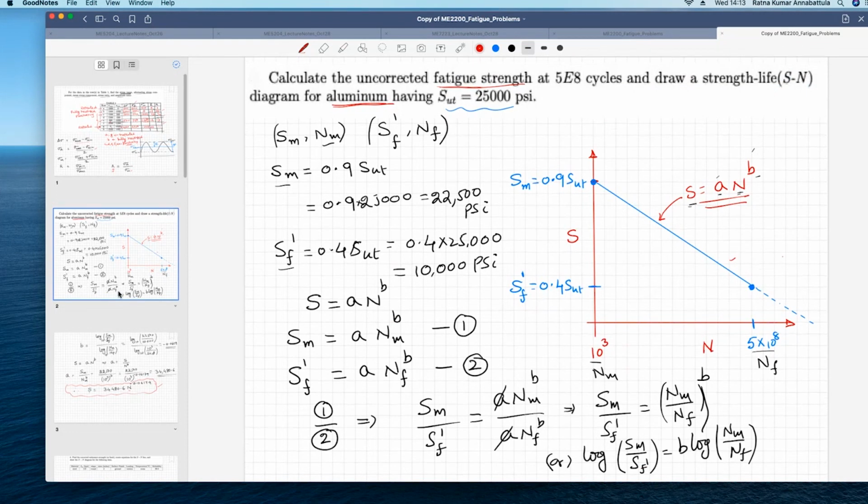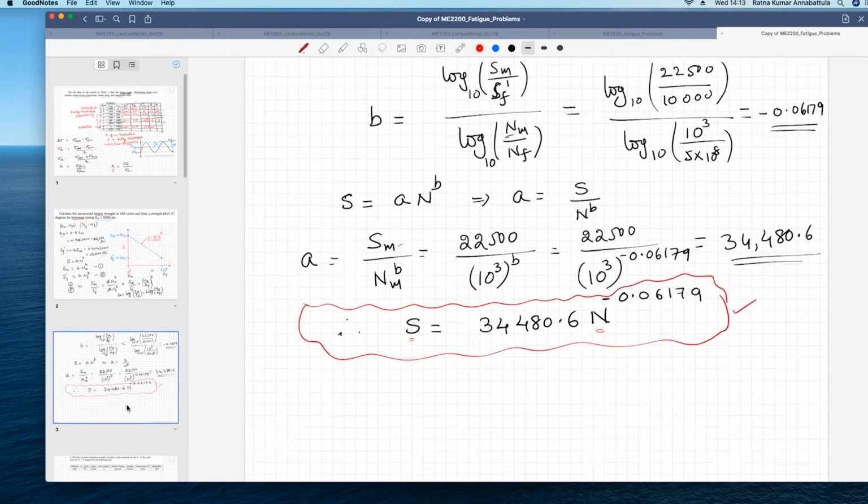Now having found this, if my stress amplitude applied on the material is somewhere in between these two values, the follow-up question can be something like this.